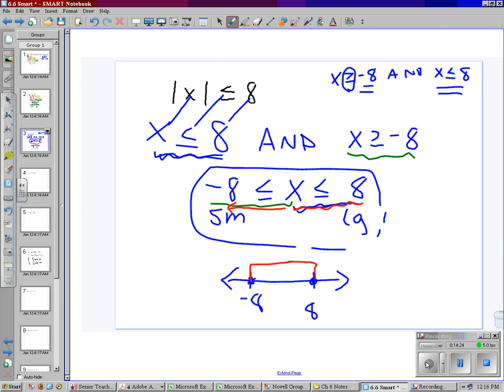Okay. Now, for those of you who are astute enough to be able to go from here to here without needing this, if you can do that, awesome. If you can't, please take the intermediary step there of writing the two statements with and then combining them.